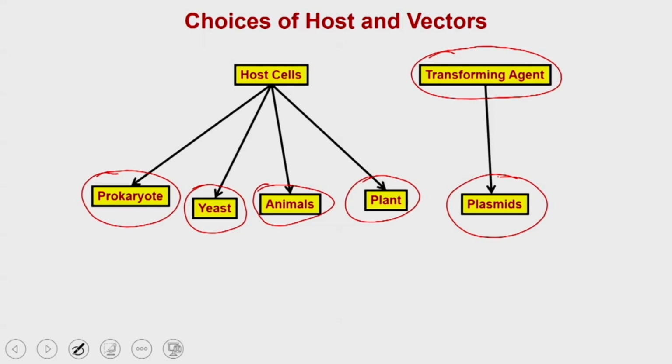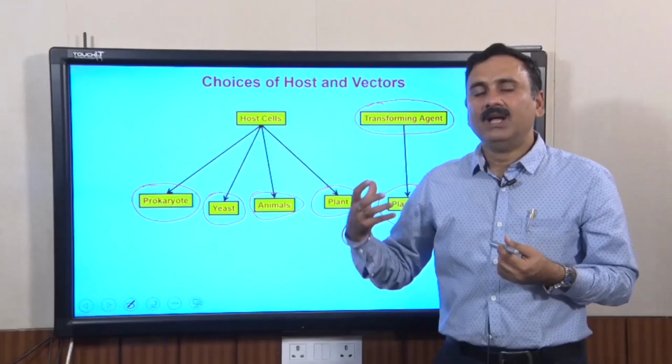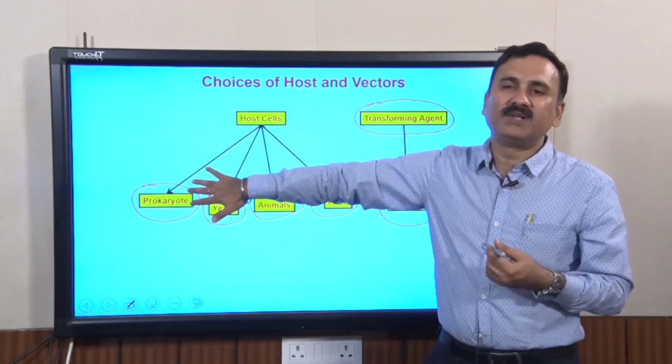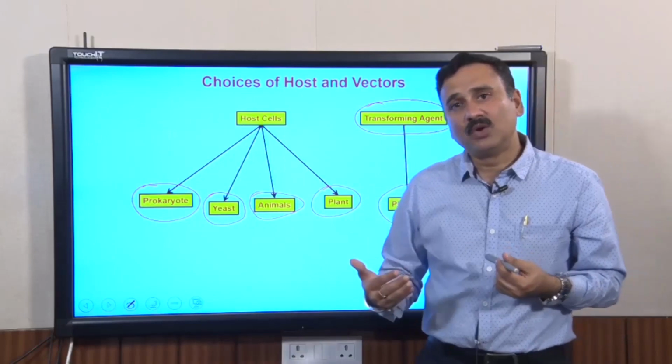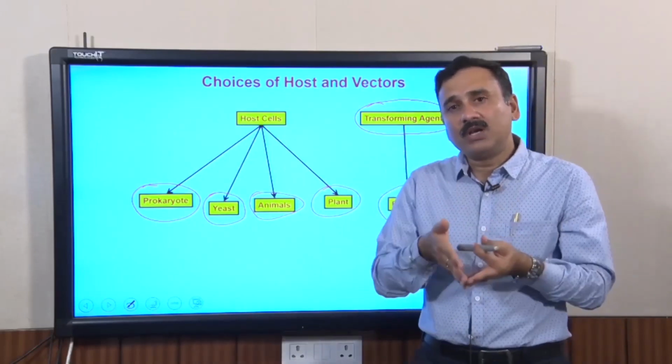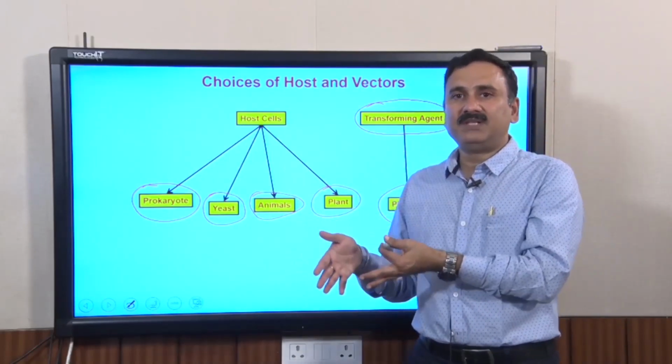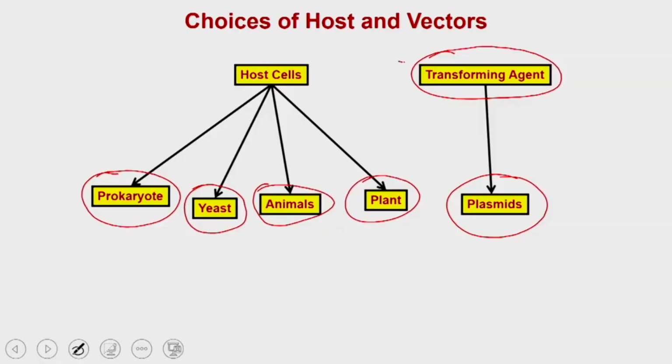So, once you generate a recombinant clone, you have to decide in which particular type of host system you would like to express your protein, because accordingly you have to select the transforming agents as well as the host cells which are complementary to each other.